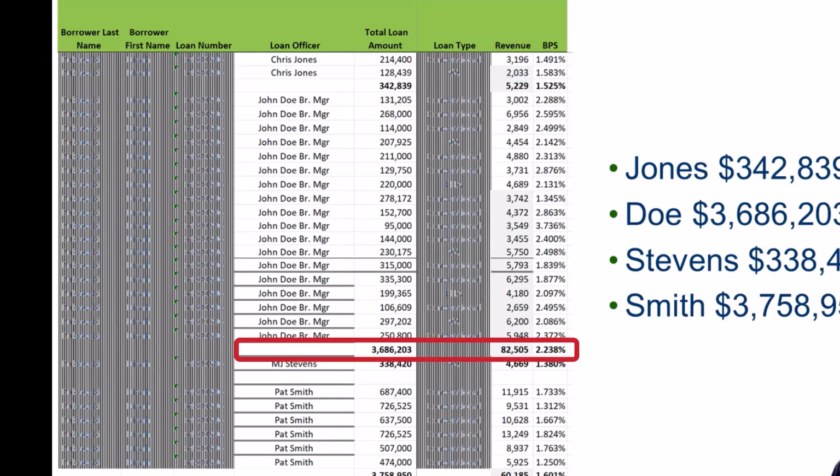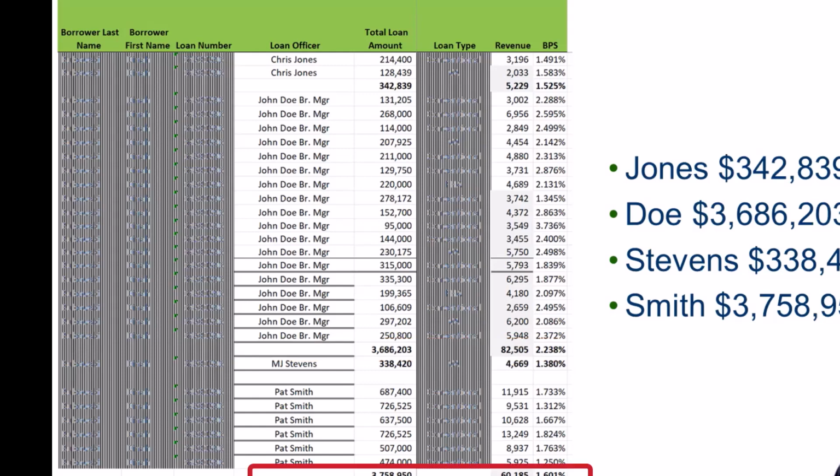John Doe, who is also the producing branch manager, closed $3.6 million with revenue of $82,505, and their top business blood pressure was 224. Might be some discounting here, but their number brought up the average. Now, I would have to know the type of loans and what margin was set on the rate sheet, but not nearly like Chris Jones.